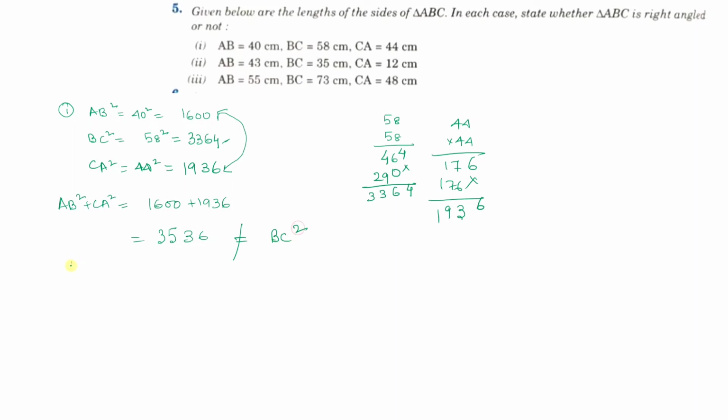Therefore ABC is not a right angle triangle. Okay, 1600 plus 1936 is 3536. Fine. So in this way you will solve these number 2 and number 3. Fine.